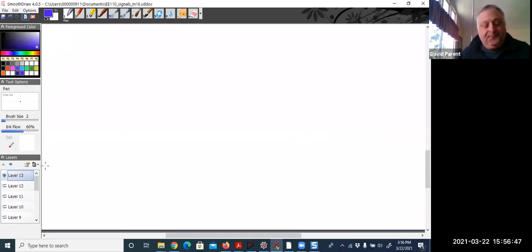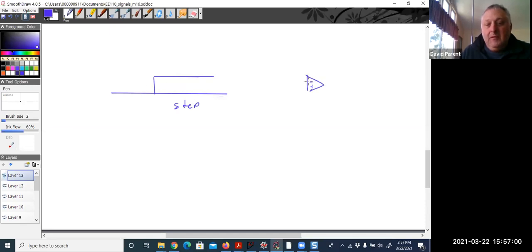Now, why is this important? Well, this is a step response, right? We have a step input. And we know that there are capacitors and resistors in here, that it could be a second order system, at least a second order system, which it is, and we can just draw a few things.